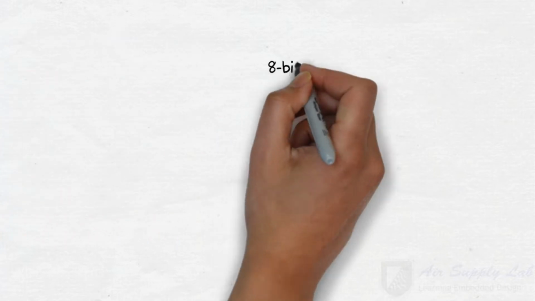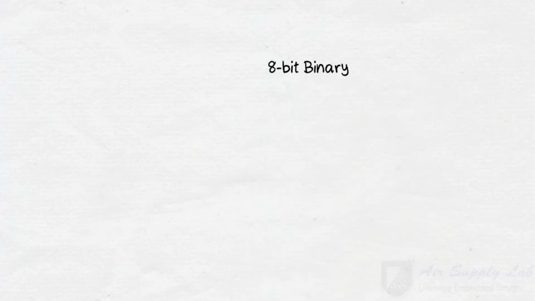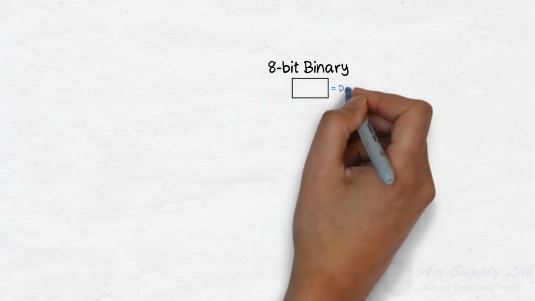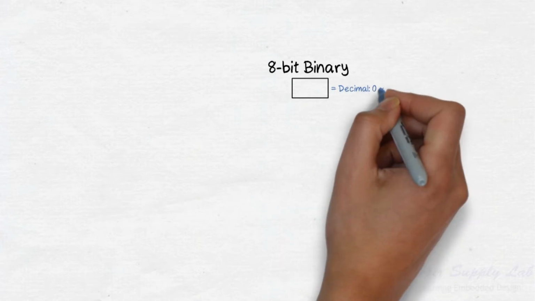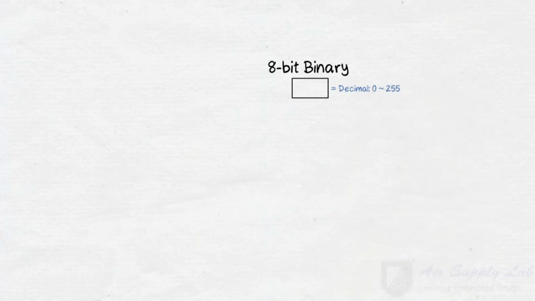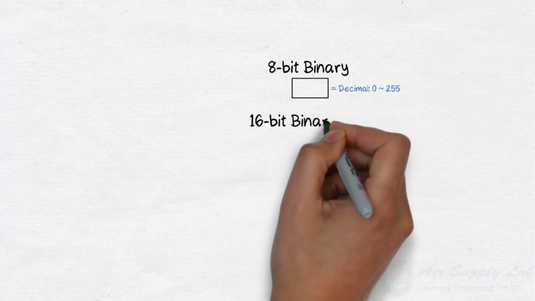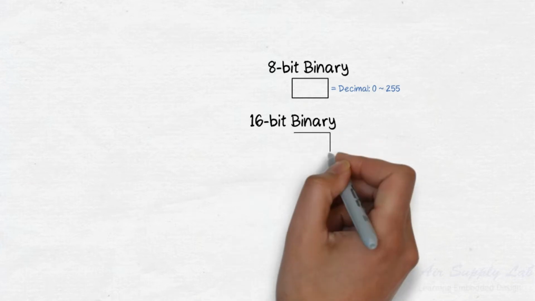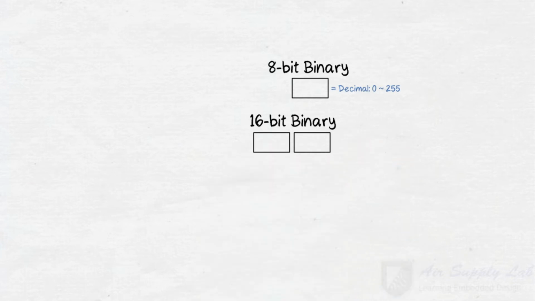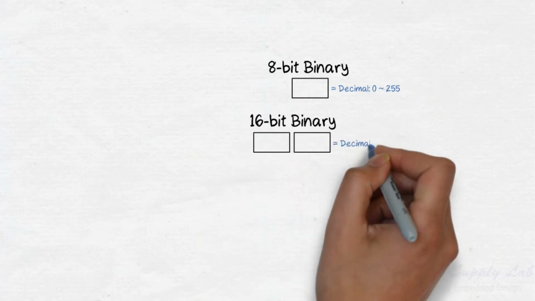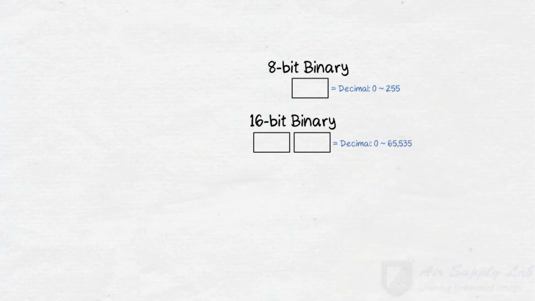To store an 8-bit binary number, it will require a drawer and can store decimal numbers from 0 to 255. To store a 16-bit binary number, it will require two drawers and can store decimal numbers from 0 to 65,535.